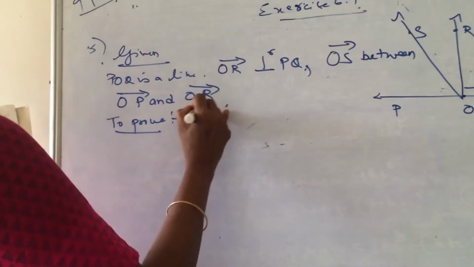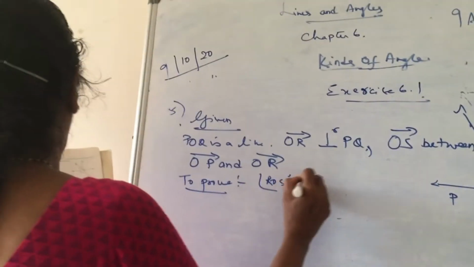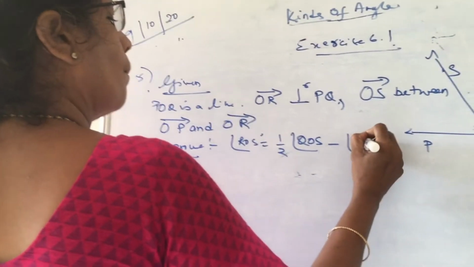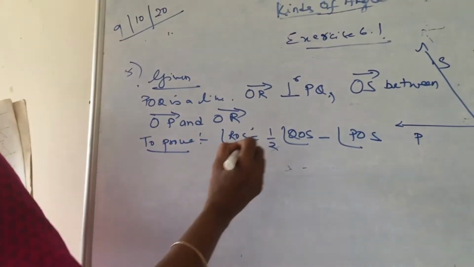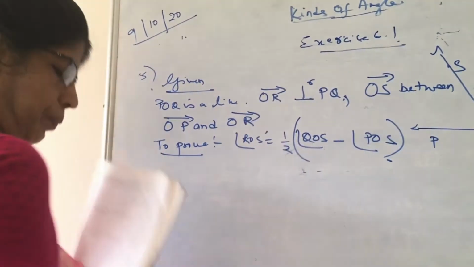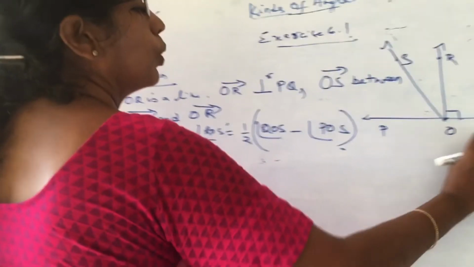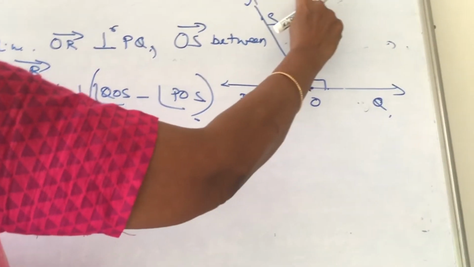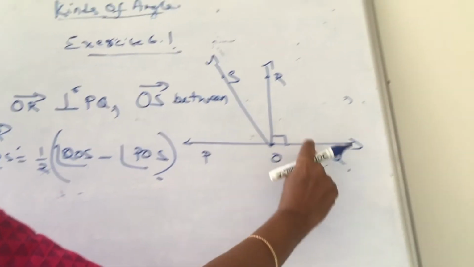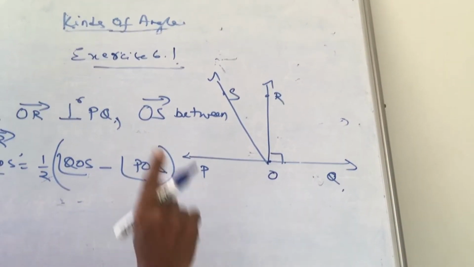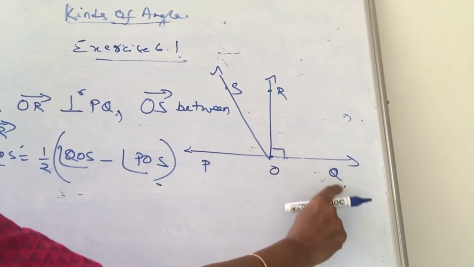To prove: angle ROS is equal to half of angle QOS minus angle POS. POQ is a line. OR is perpendicular to PQ. The word perpendicular tells you that the angle measure is 90 degrees.